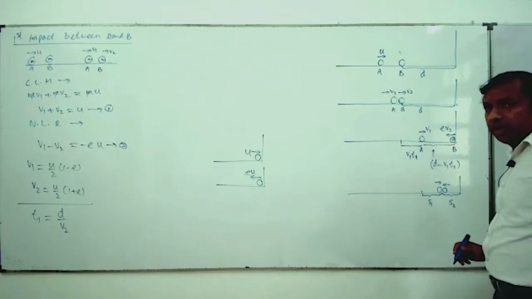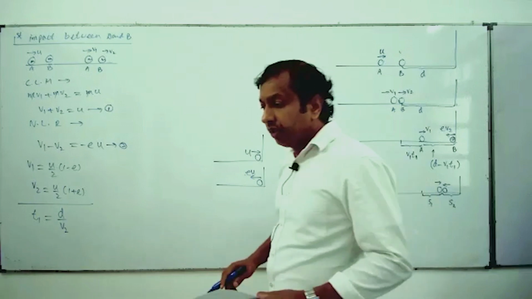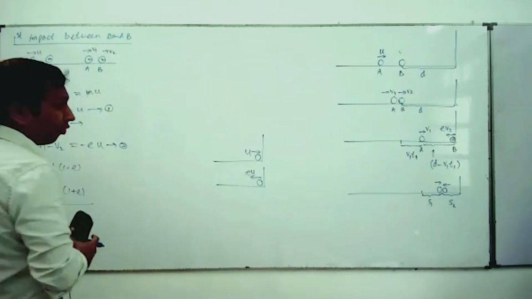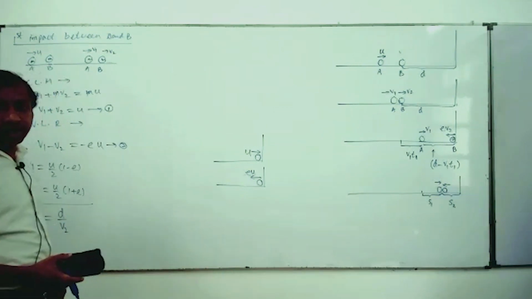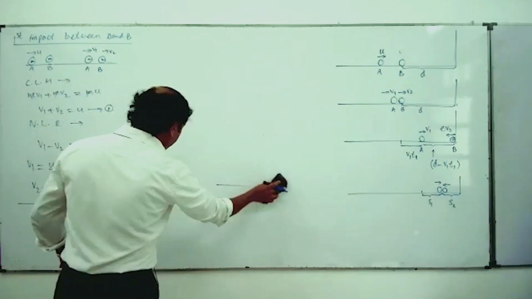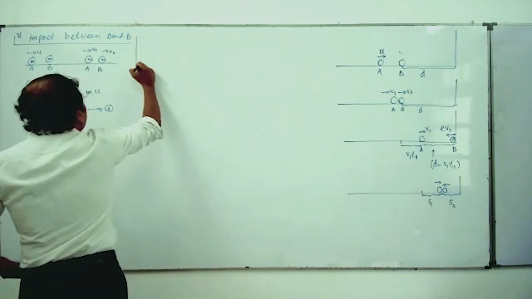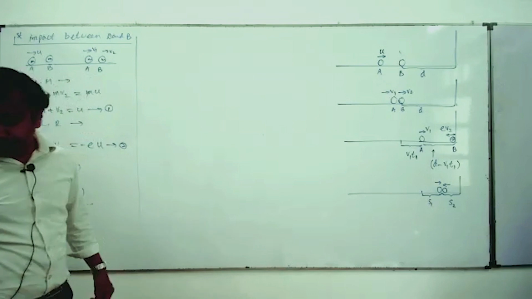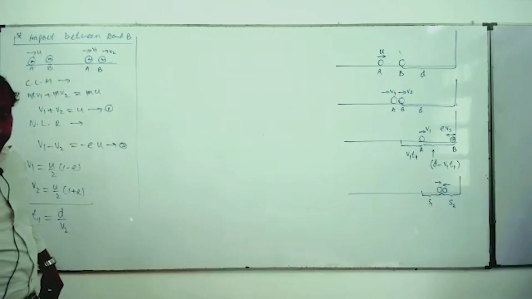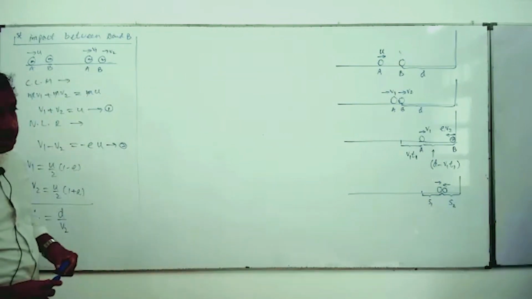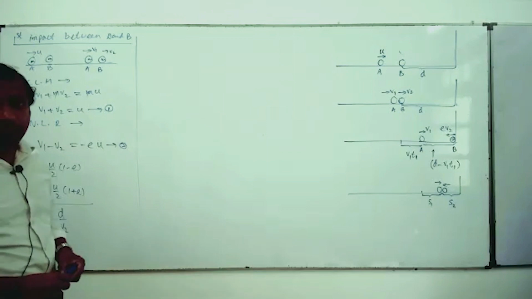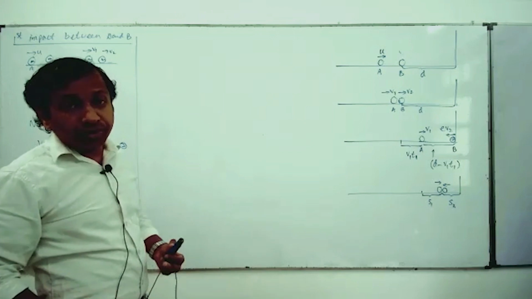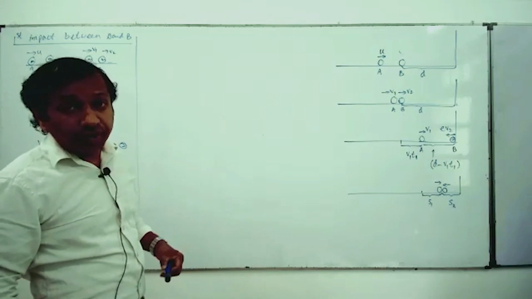Okay. Then I am going to first find, soon after rebounding of B from the wall, the time for the second collision between A and B. If I take that time as T2, what is T2? The time for the second collision between A and B soon after rebounding of B from the wall.